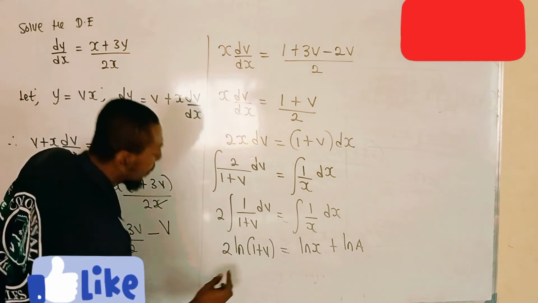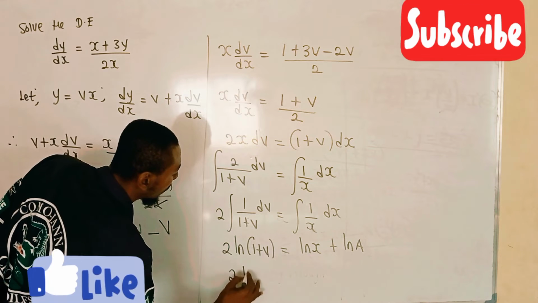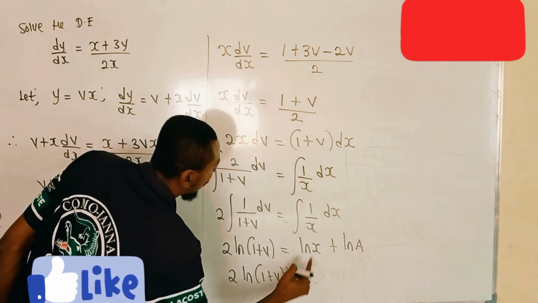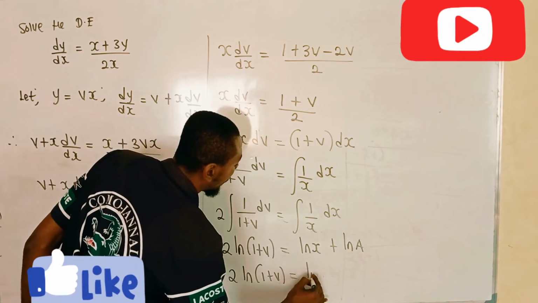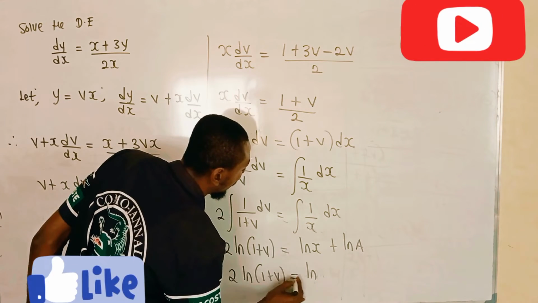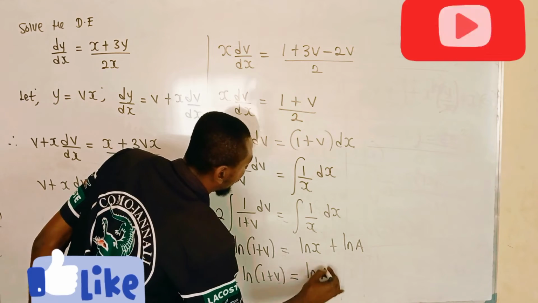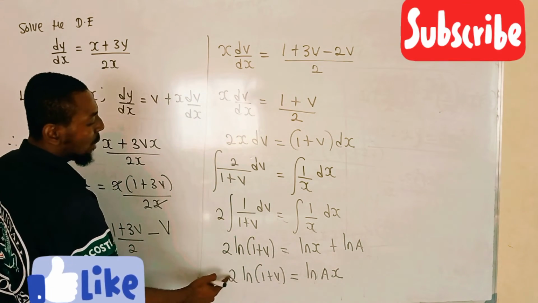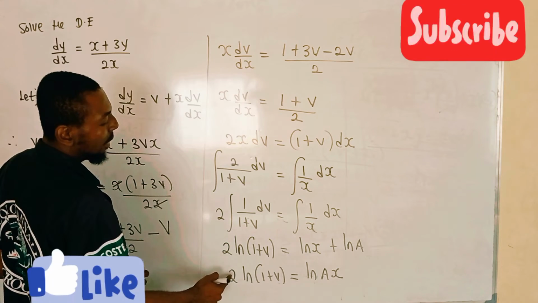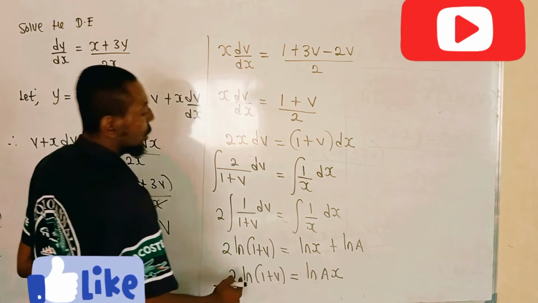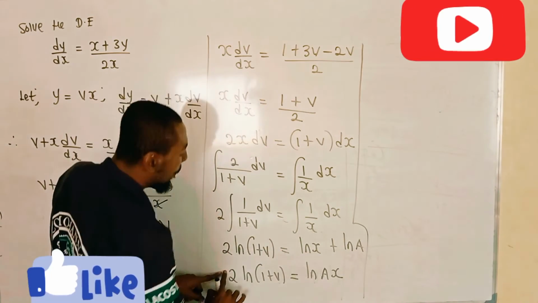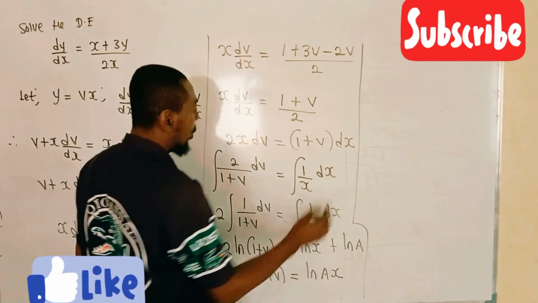Alright, so we have 2 ln 1 plus v is equal to, of course, taking one of the ln and multiplying the numbers, we have ax. Then this 2 actually is a coefficient. As a coefficient, we can take it up according to one of the laws of logarithm.